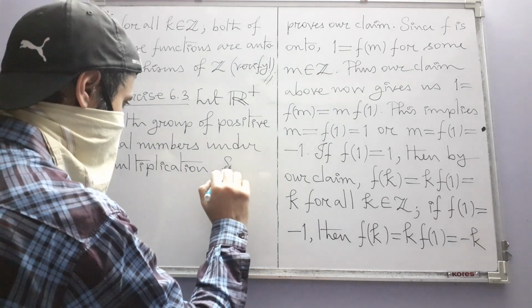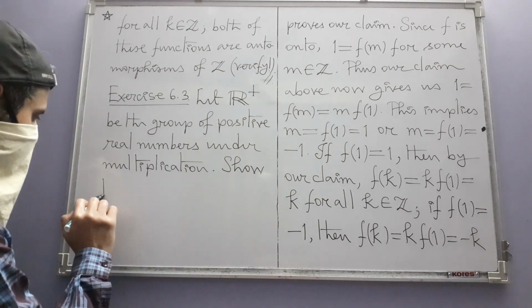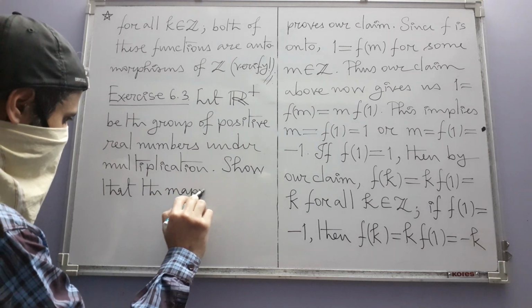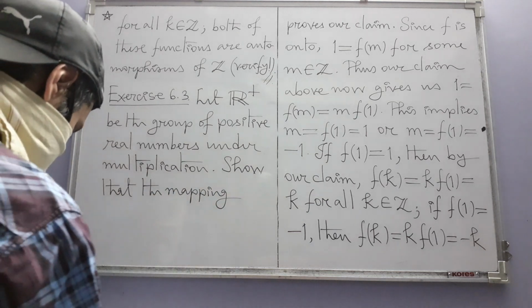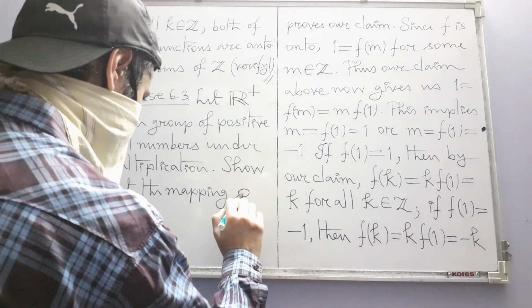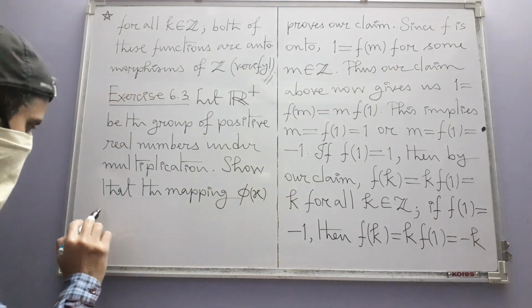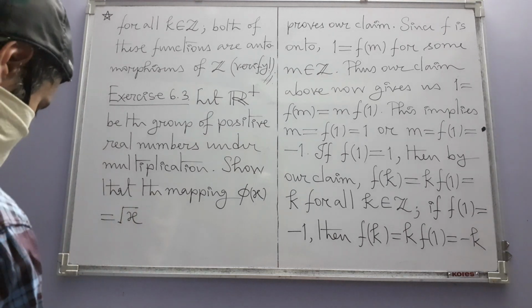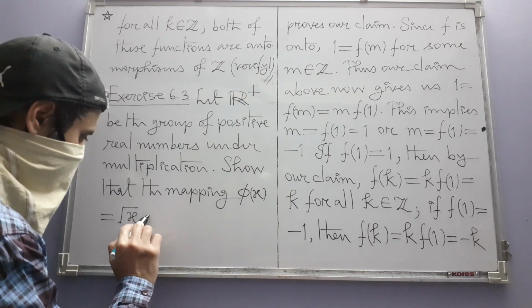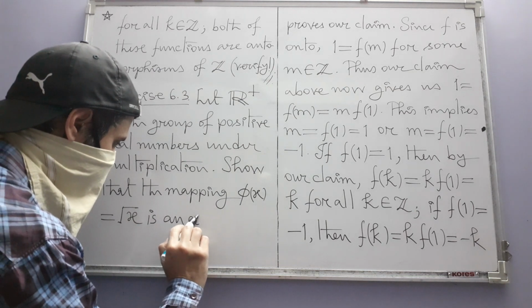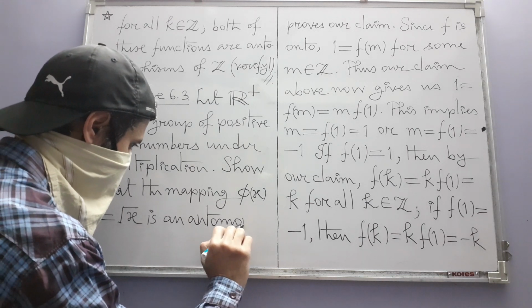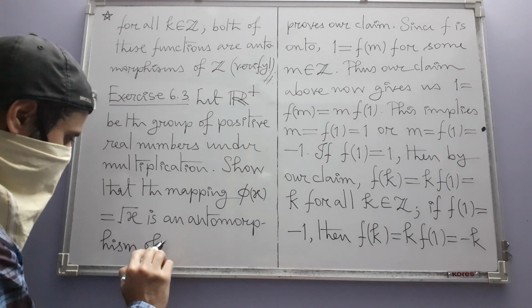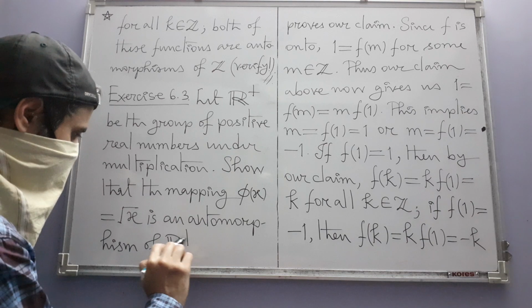Show that the mapping phi of x equal to square root of x is an automorphism of this group.